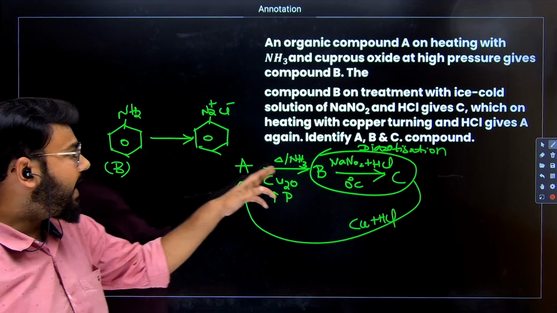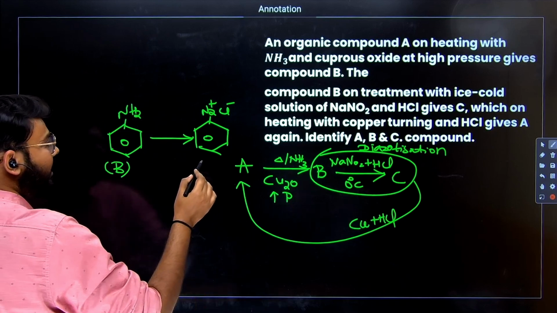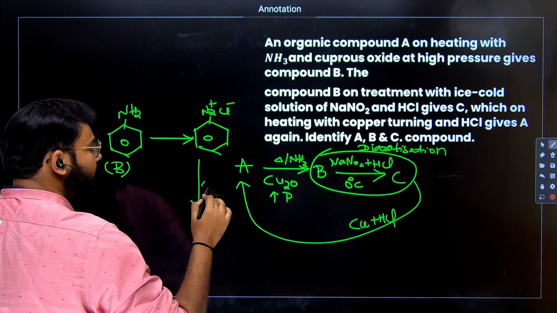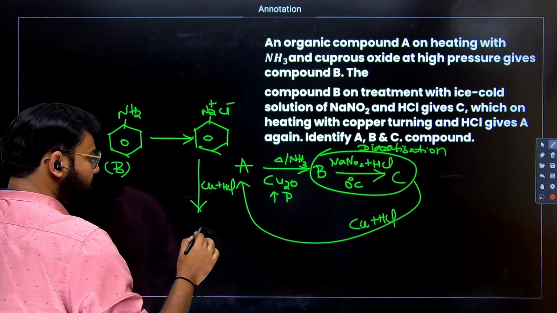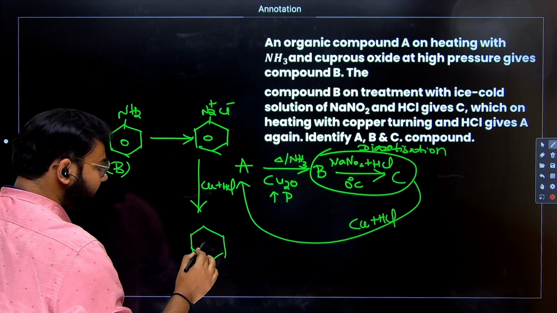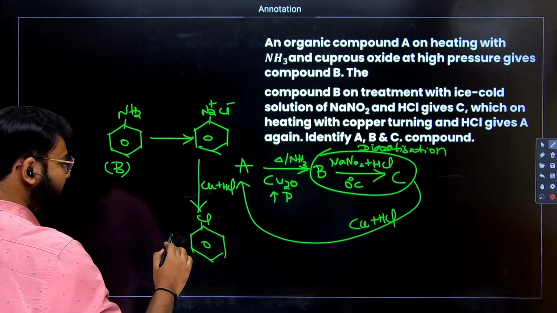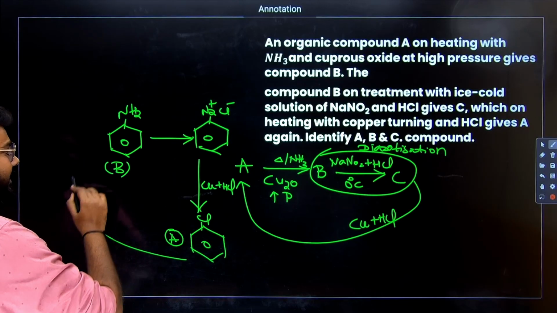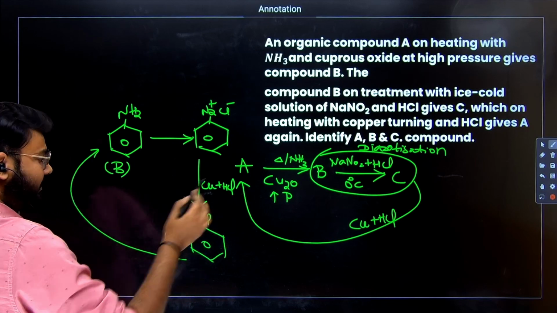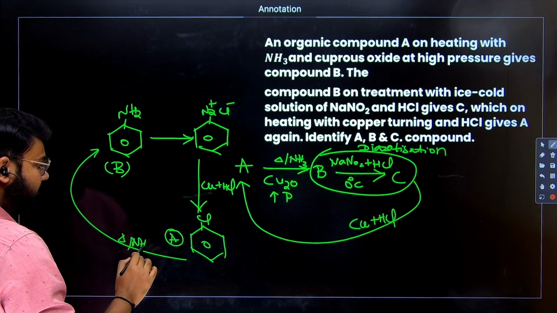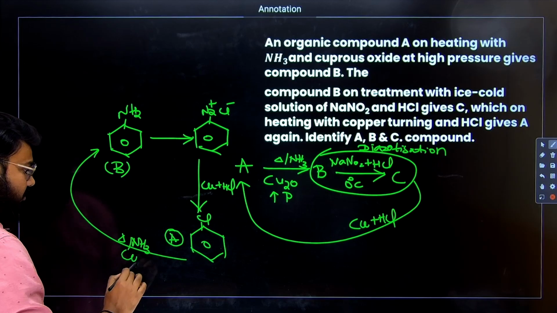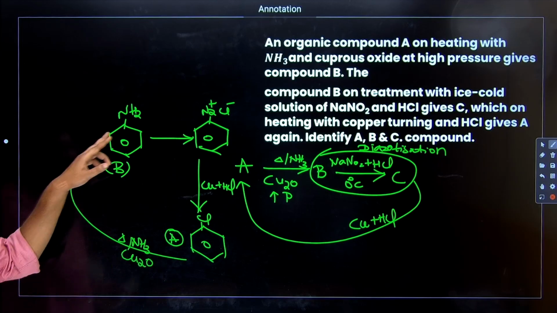Now understand in diazonium salt, when you add Cu and HCl, we know it will give us a chlorobenzene. And because it says this is the A substance, one thing was sure that when we heated the chlorobenzene with ammonia and cuprous oxide at high pressure, we got aniline.